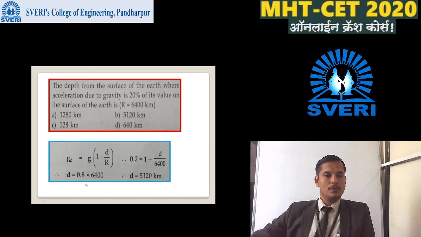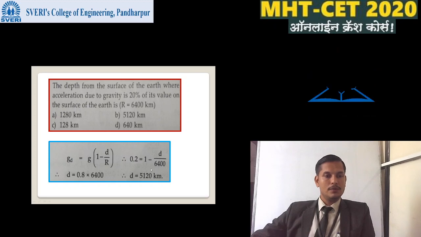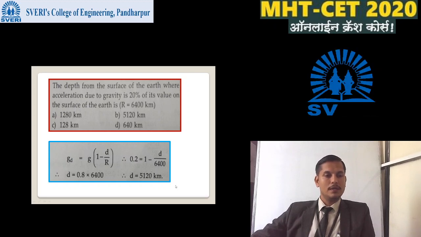So we are putting the value and after solving we are getting the answer as 5120 kilometer, that is depth from the surface of the earth where acceleration due to gravity is 20%. So we are getting the answer as 5120 kilometer.